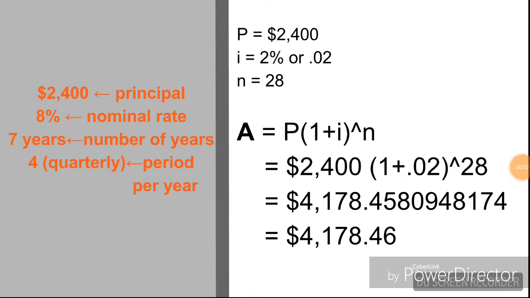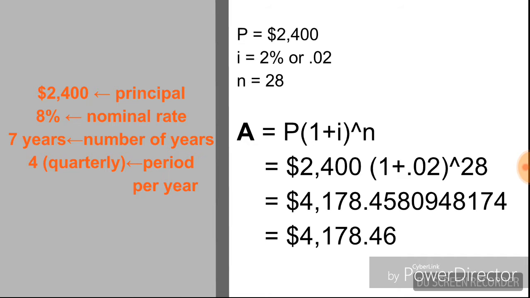Now that we have the values for the principal, the interest rate per period, and the total number of compounding periods, we can now compute for the compound amount. To compute for the compound amount, simply substitute the values for the principal, the interest rate per period, and the total number of compounding periods to the compound interest formula.